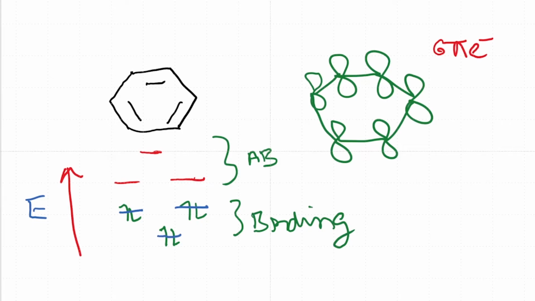Okay, so from an NMR standpoint, what we want to understand is what happens when a magnetic field is applied. Magnetic fields are produced by circulating electrons.